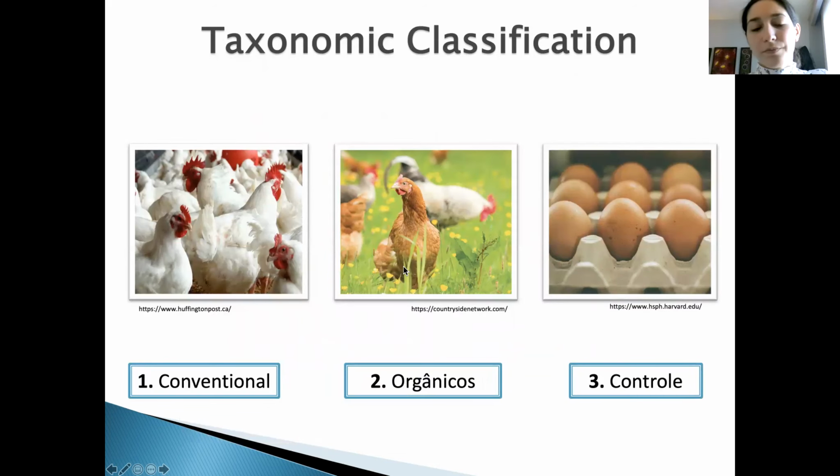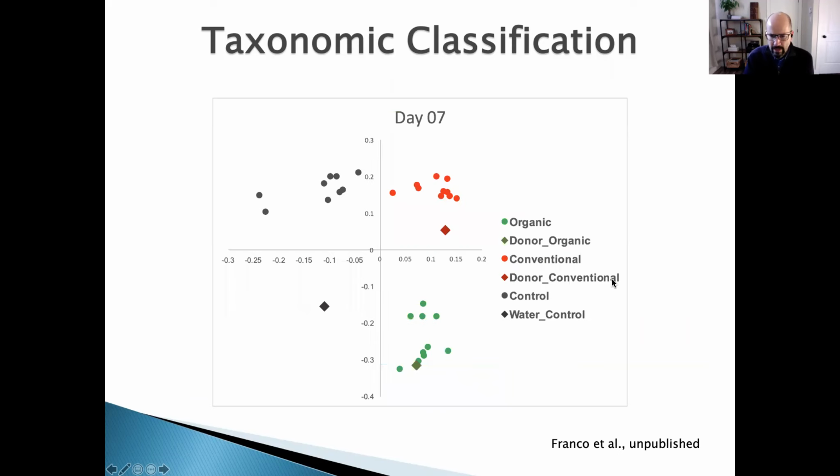Yes. And let's see if we have time. I normally put this here to illustrate, but this is the study of Laura, where she was colonizing chicks with two different types of microbiota. One transplanted from regular chickens, the other transplanted from organic chickens, and a control group.